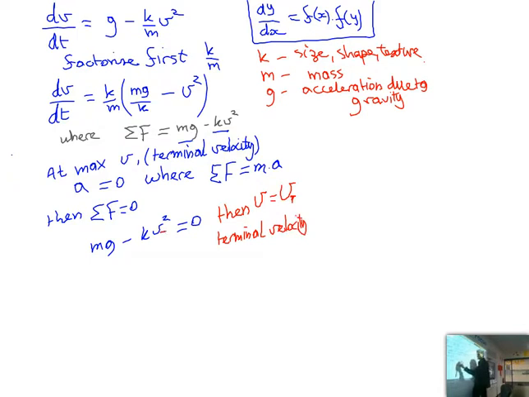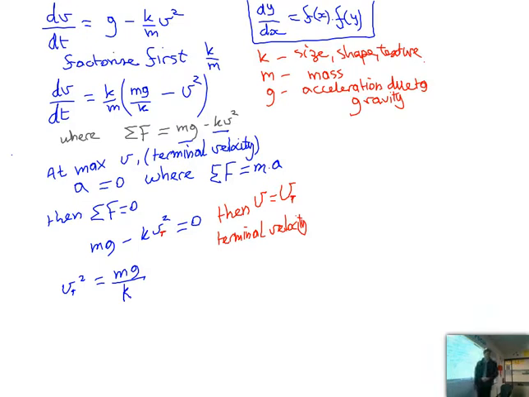So when it equals 0, our velocity is Vt, terminal velocity. So what is terminal velocity? Let's use this expression. Terminal velocity is then we subtract the mass times gravity and divide by the k constant.